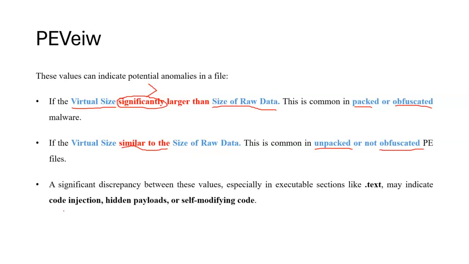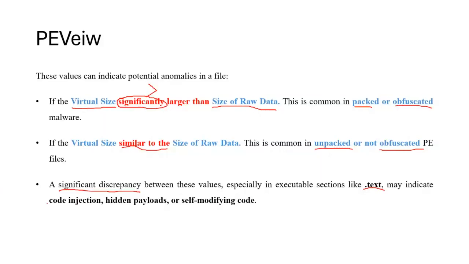So it's significant discrepancies. You can see the word significant is consistently used, meaning that we don't want the sizes to be too different. Significant discrepancies in executable files imply that something is hidden in the text section.